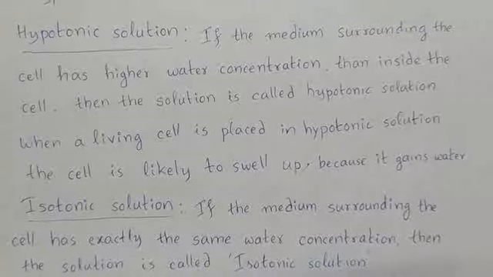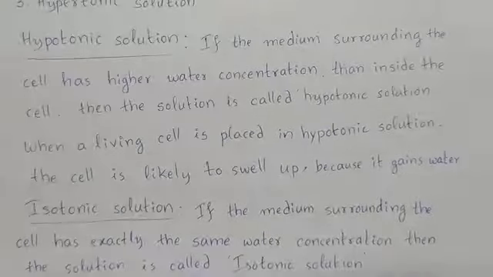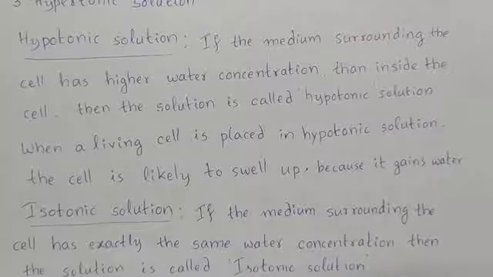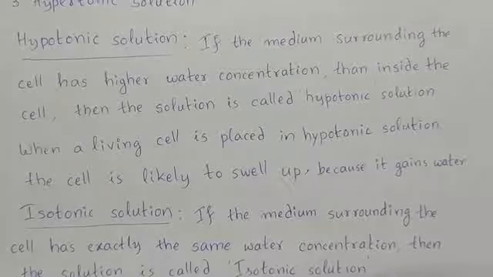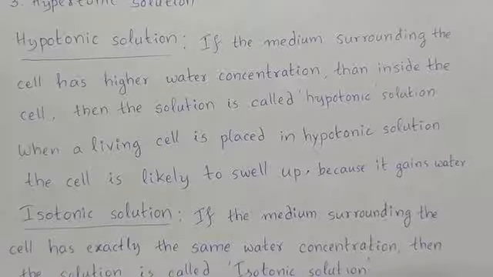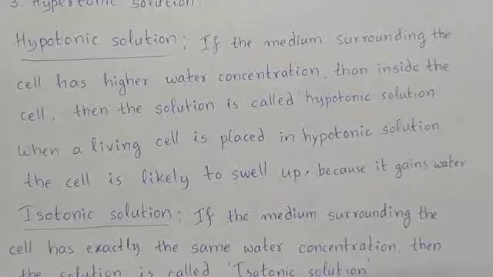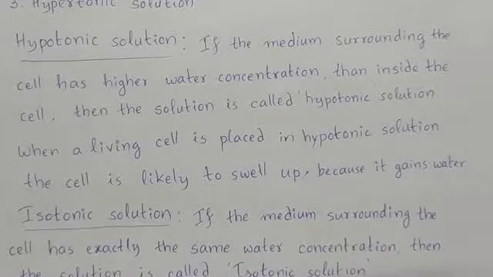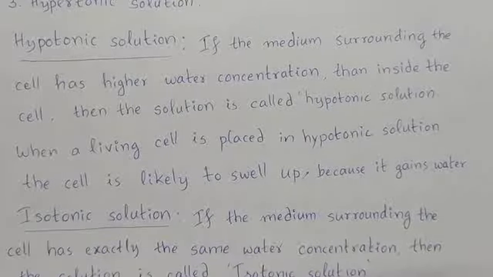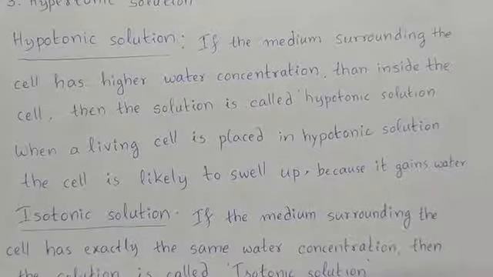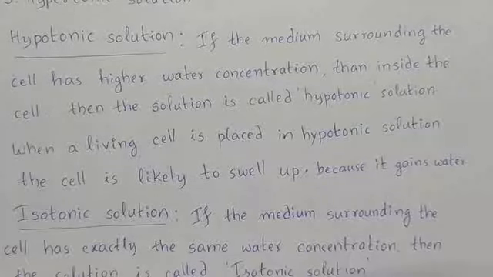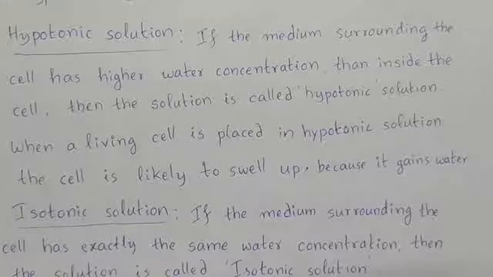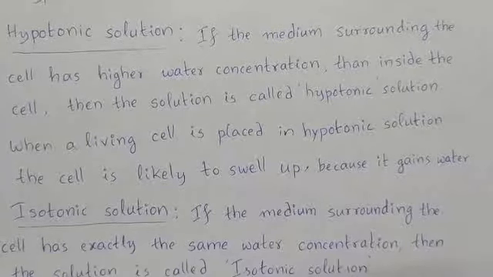What is hypotonic solution? If the medium surrounding the cell has higher water concentration than inside the cell, then the solution is called hypotonic solution. So inside the cell there is lower water concentration, and outside the cell in the surrounding medium there is higher water concentration.